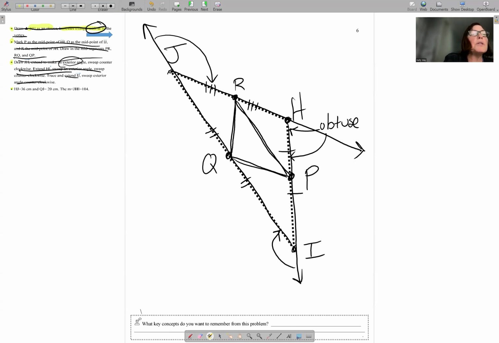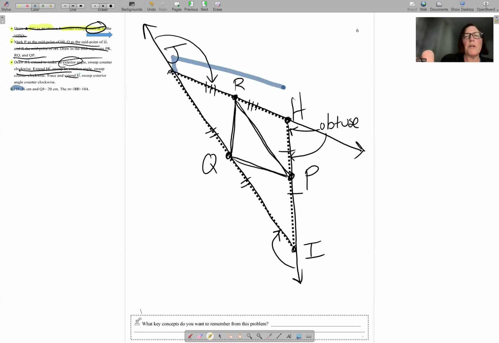You're only given 3 pieces of information. I to J, it's 36. Q to J. No, that's HJ, excuse me. HJ is 36.